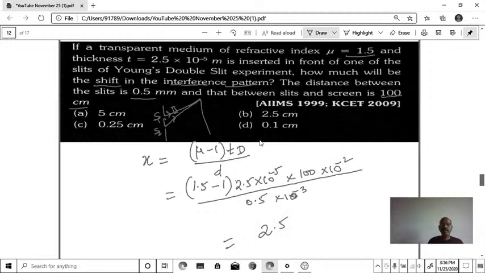Simplify, and you will get 2.5 centimeter. It is the shift we can observe on the screen. So we got the lateral shift.